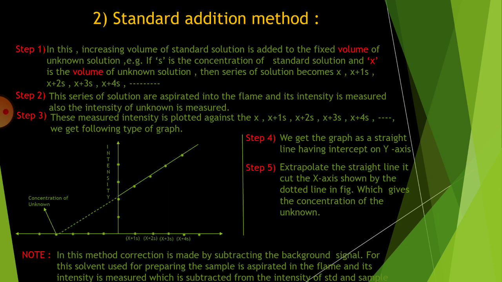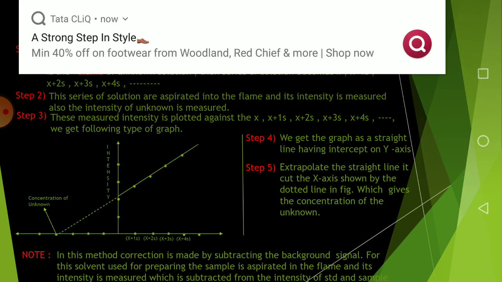If S is the concentration of the standard solution and X is the volume of the unknown solution, then the series of solutions will become X, then X plus 1S, X plus 2S, X plus 3S, X plus 4S, and so on. In this we can see the volume of the sample or unknown solution is constant, while the volume of the standard solution goes on increasing.